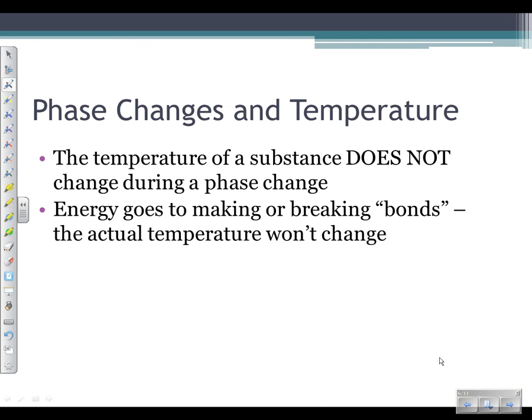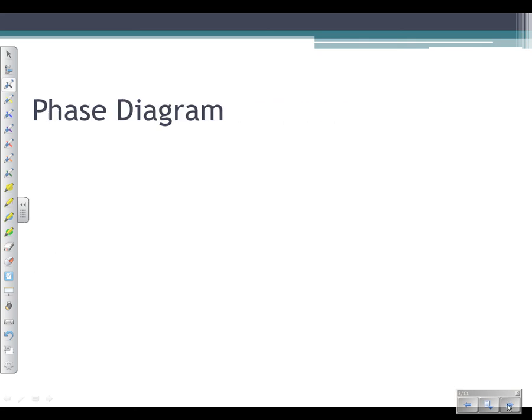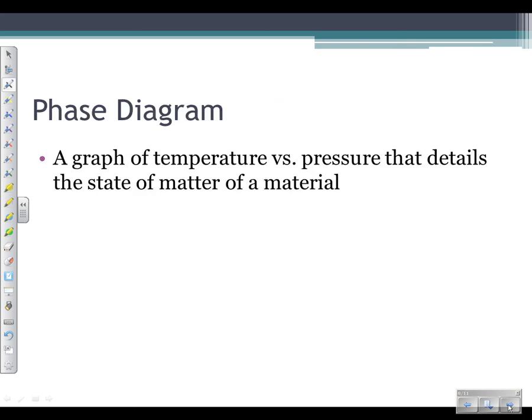Let's finish this up here with the phase diagram. The phase diagram is a graph that tells you temperature and pressure, detailing the state of matter of a material. As we've said 10 times already today, what are the two factors that determine the state of matter that a material exists in?